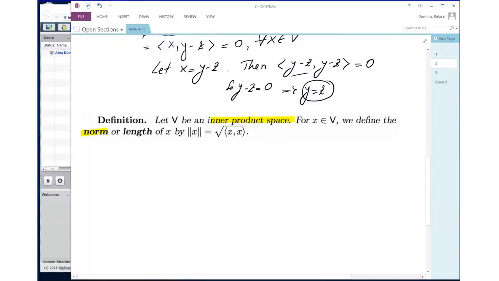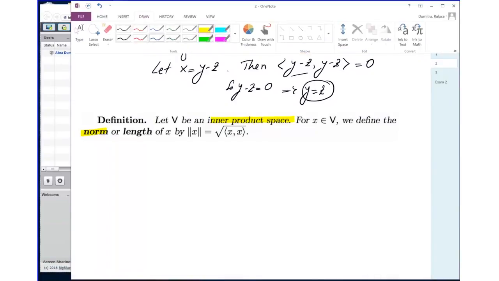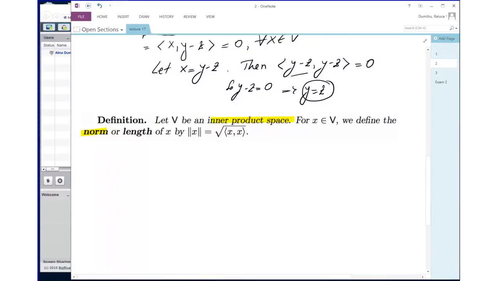We define the norm of a vector to be the square root of the inner product between the vector and itself. We already checked that it's safe to take the square root, right? It's part of the definition. The inner product between x and itself will always be greater than or equal to 0. So it does make sense to take that square root.